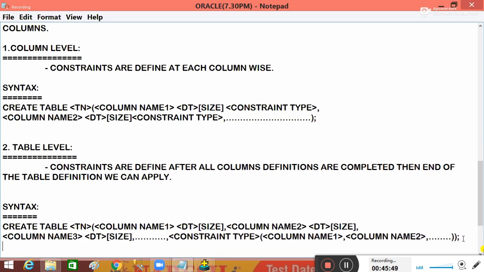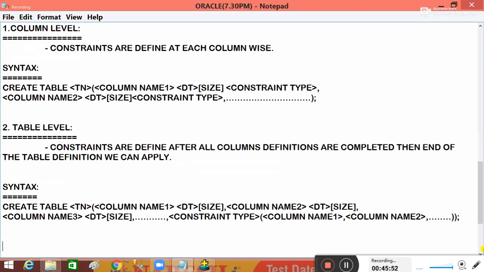So column level syntax and table level syntax, carefully identify, then you understand what the difference is. So now the two syntax differences are there. Are you identified? What is the difference?